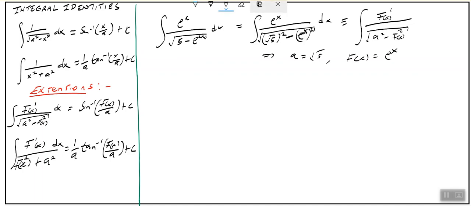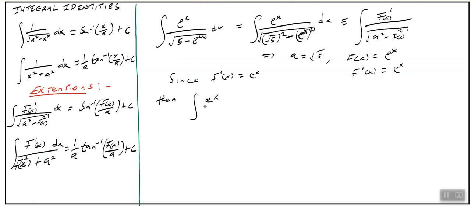The question is, if I differentiate this, do I get what's on top there? Let's see. F prime of x is e to the x, which is the same as what we have up here. So yes, we can use this theorem. Since f prime of x is e to the x, we can just use that to solve this.